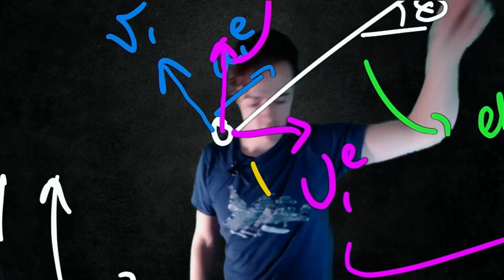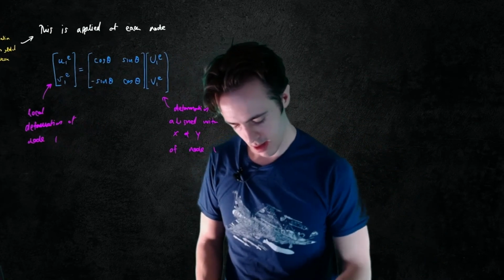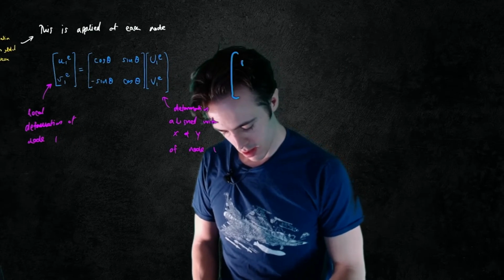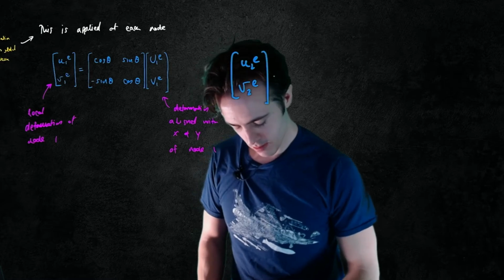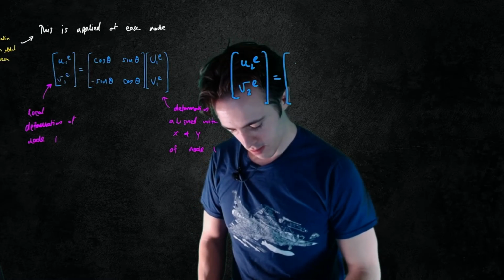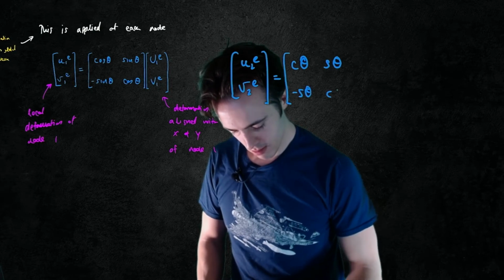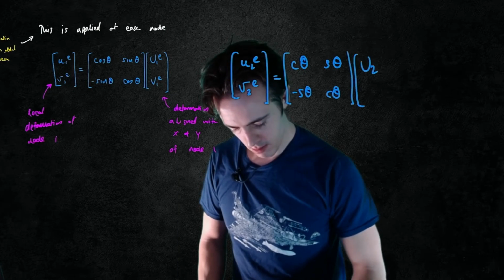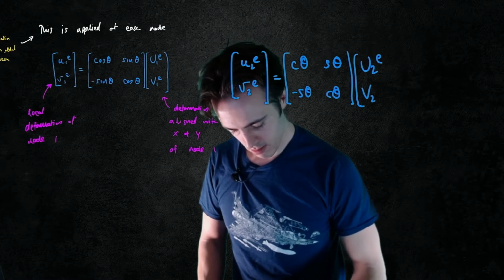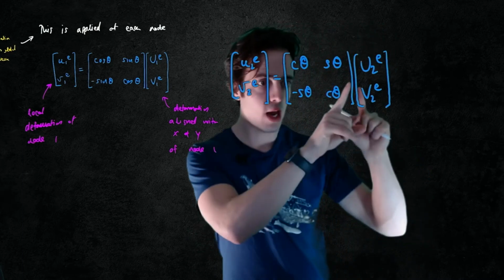Okay, it doesn't say anything about this one yet, but we apply the matrix to that node as well. And we end up with, okay, and hopefully we can see that we've now got a means to translate these two.